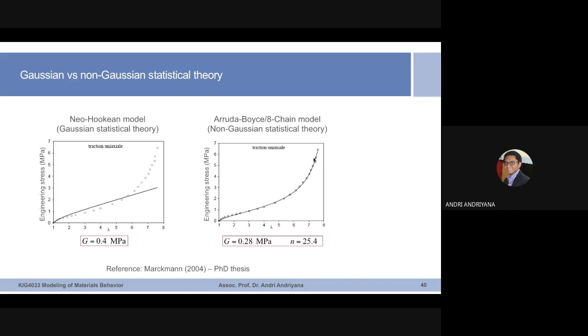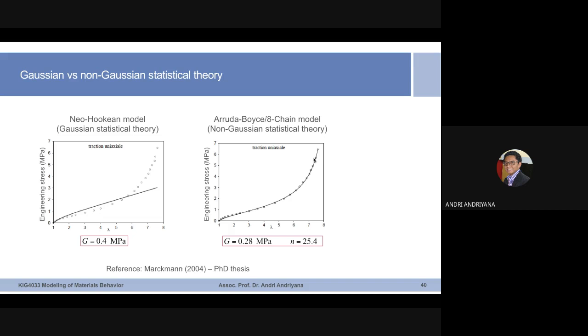If the component itself will only be subjected to a relatively small or moderate amount of strain, for instance, lambda equal to 2, there is no point to use Arruda-Boyce because even with Neo-Hookean, we will be able to get more or less similar result.